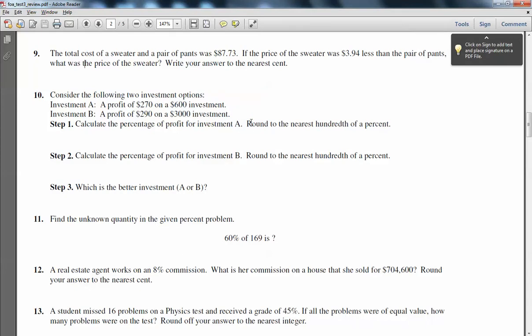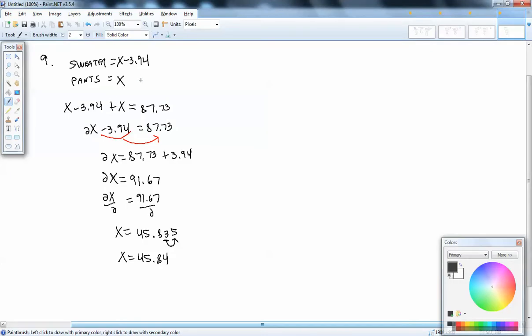Now let's see what they're asking for. What is the price of the sweater? Now x was the price of the pants. So this one right here, that's what we just found. That's 45.84. Now if I plug my x in for this, this will give me the price of the sweater.